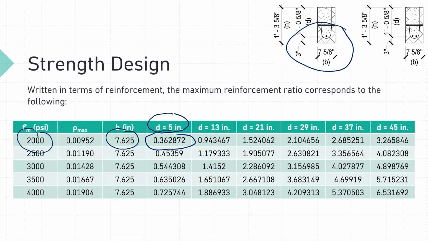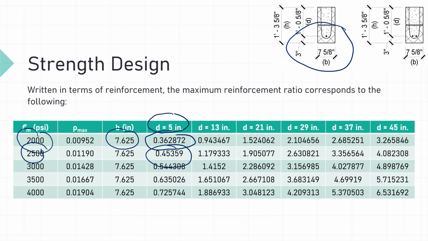If we increased our f'm to 2500, we could fit a number 6 bar in there because the area of a number 6 bar is 0.44 inches squared. But I tabulated all these out. So if you wanted a very quick reference for what reinforcement would satisfy the maximum reinforcement requirements, you could use this table. This is something I'm working on with our contractors in Michigan because commonly they are putting 2 number 5 bars in our lintels or bond beams.